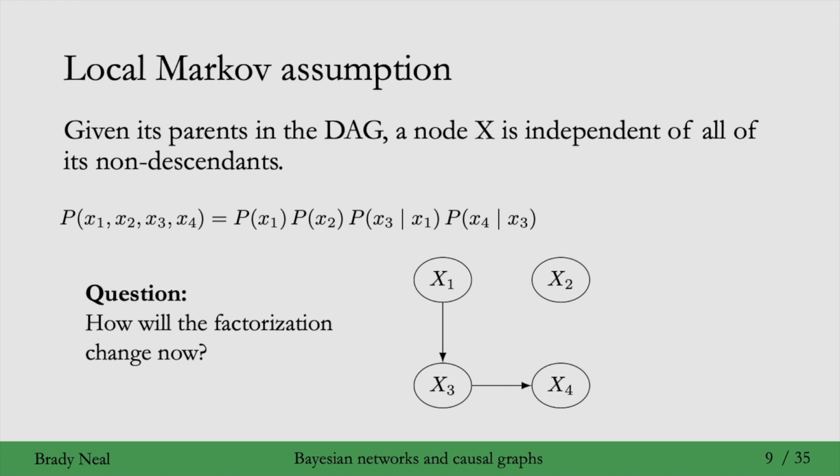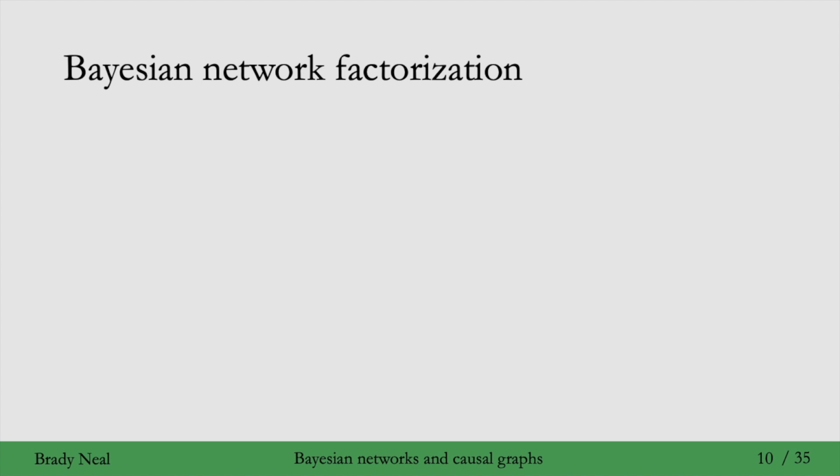And we give this example to build up your intuition for a more general concept known as the Bayesian network factorization, which is the following. The joint distribution factorizes as the product of factors where there's one factor for each variable, and each factor is just the probability of that variable conditioned on its parents in the graph.